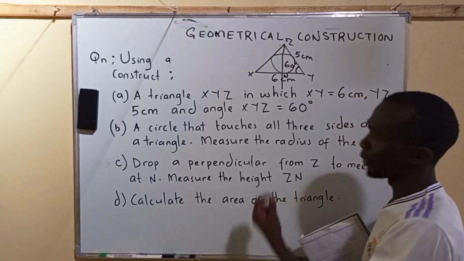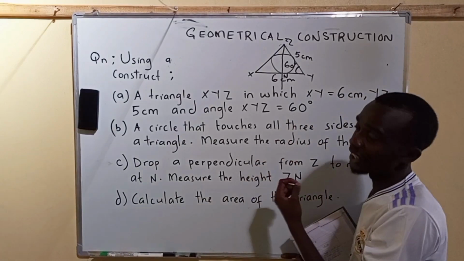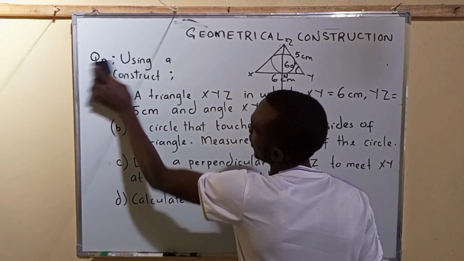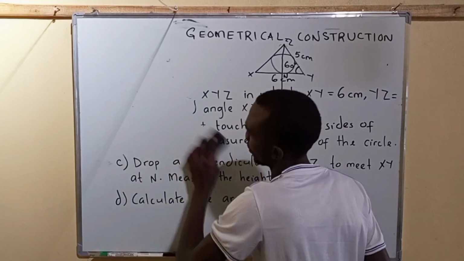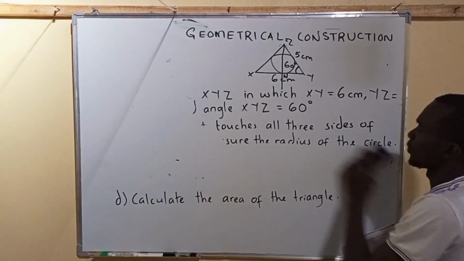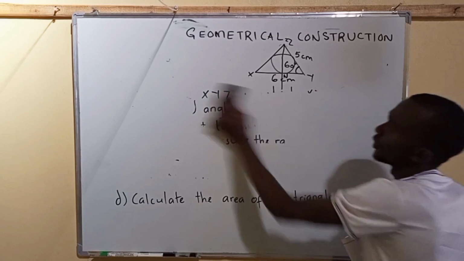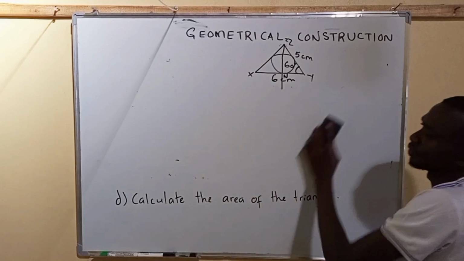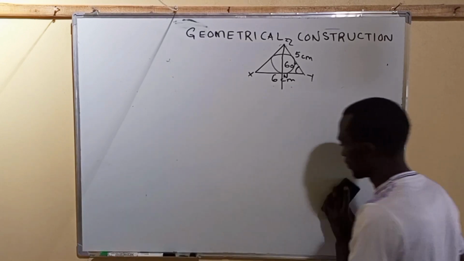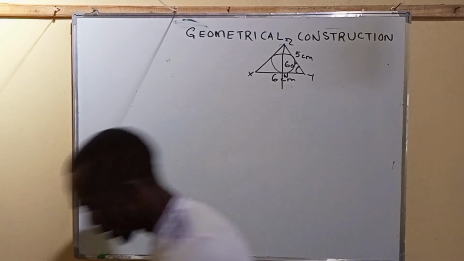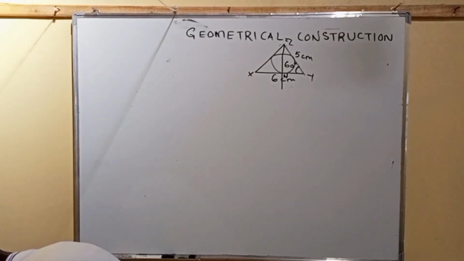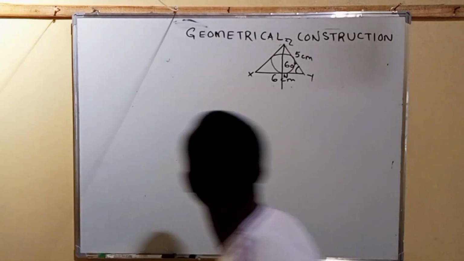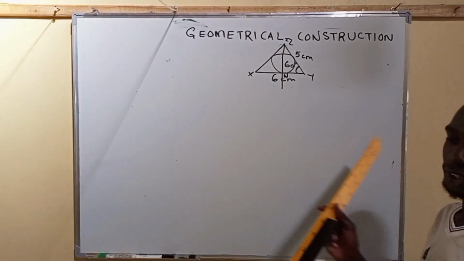So let me just have the question, because already I have made a sketch of how the triangle is going to be. First of all, we draw line XY. I have a ruler, so I will use a scale.